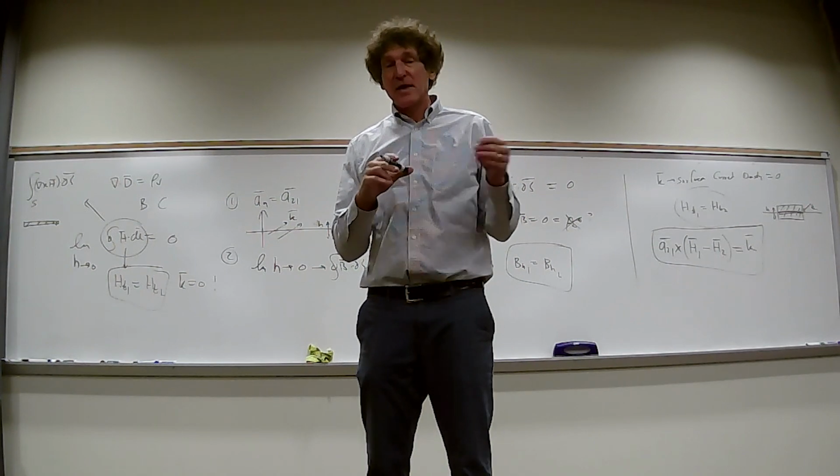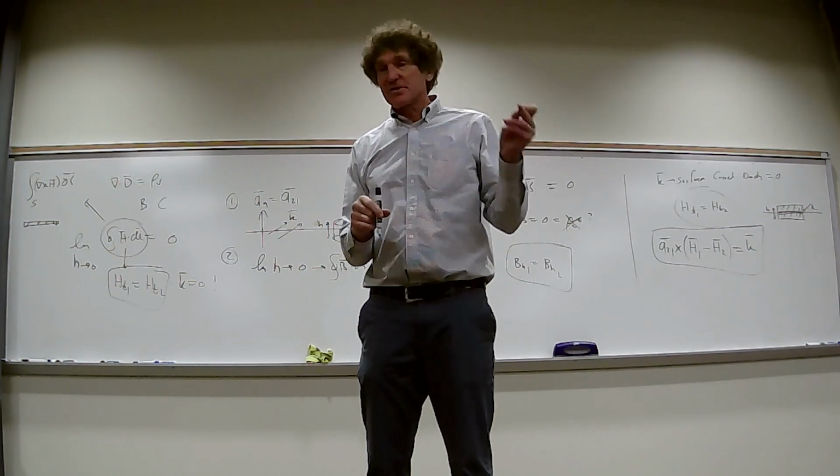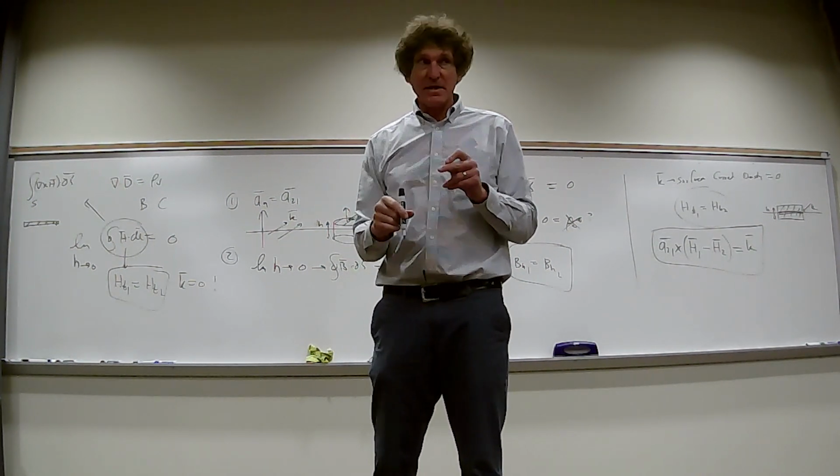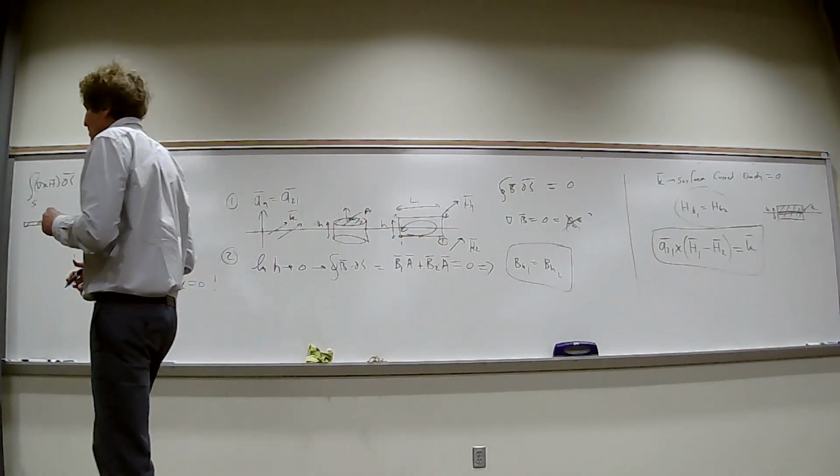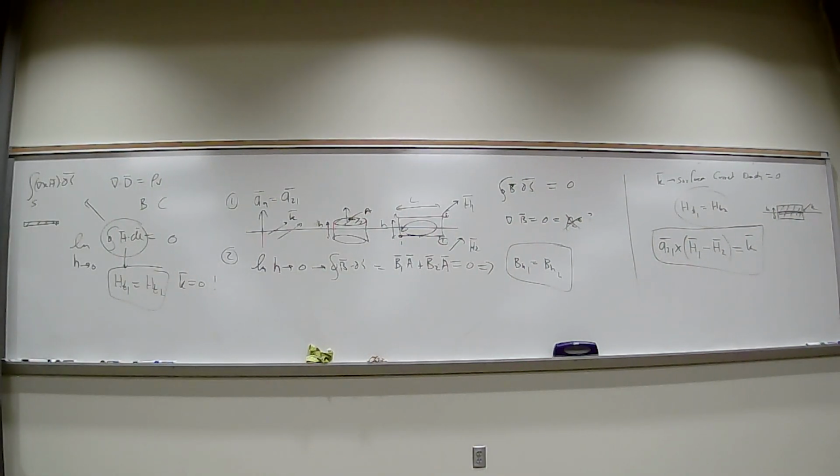You with me, class? Now, I think we should at least do one problem related to this before I give you a whole bunch of homework. So in the book, let's look at problem 4.48.